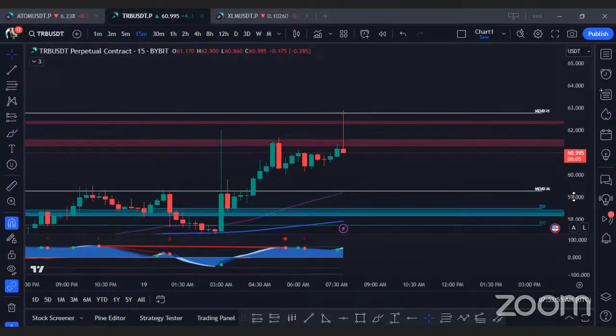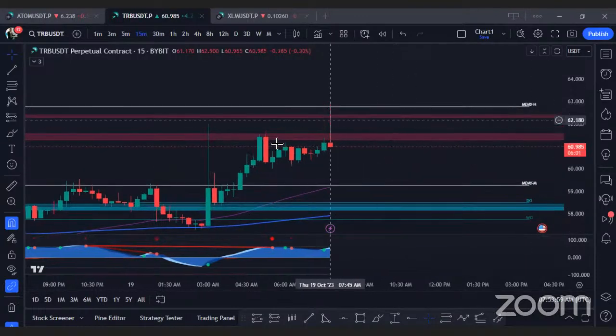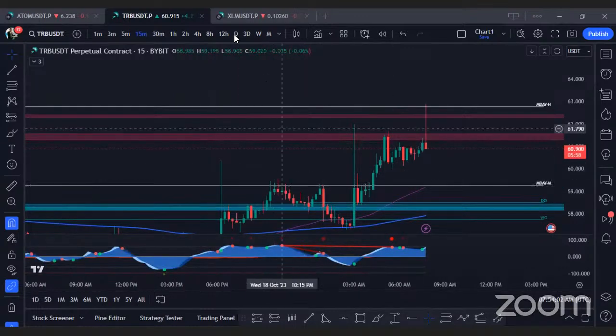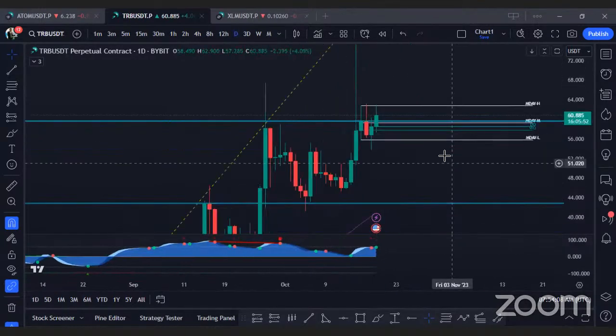Now, why I don't look for more shorts on TRB is because of things like this, guys. All of these wicks. If you look at this token, you will not see a wick like that to the downside.